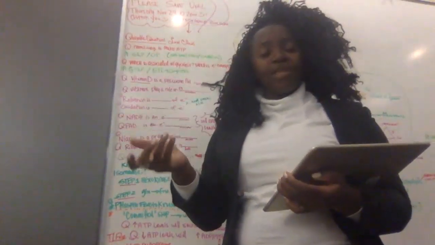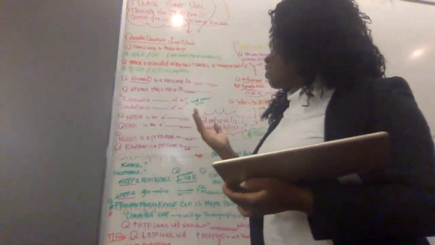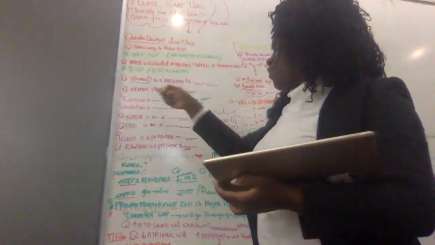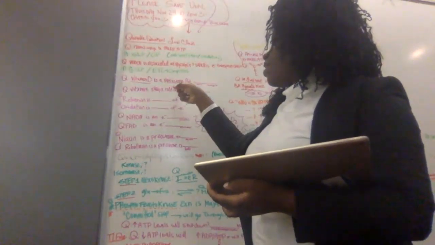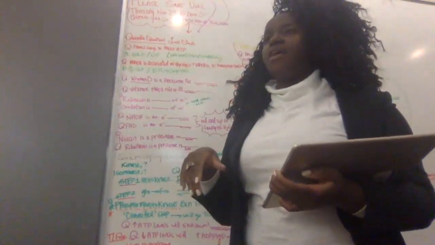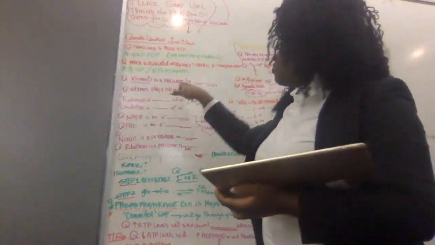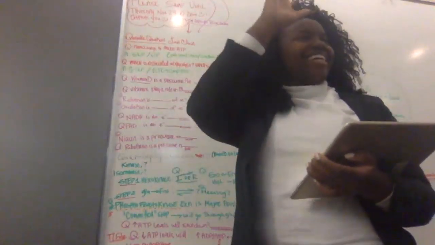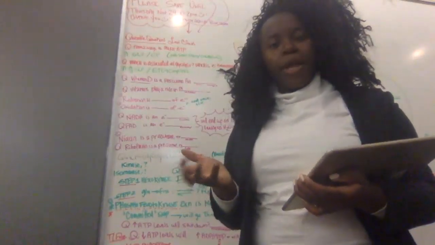But we got to understand what the importance of vitamins are. And so my question is, what role do vitamins play in terms of the body? And I think we all know it's going to be metabolism. Vitamins play a role in metabolism, right?